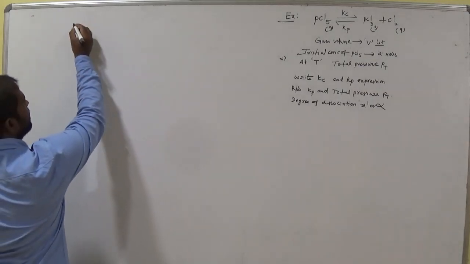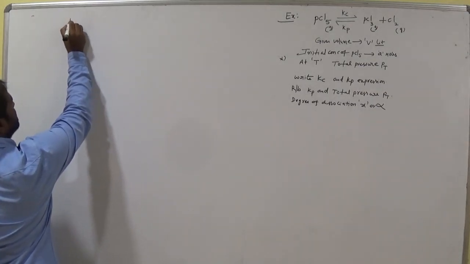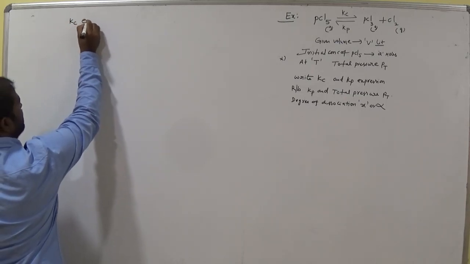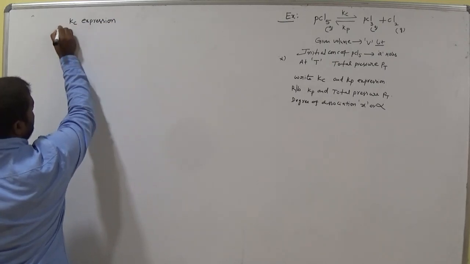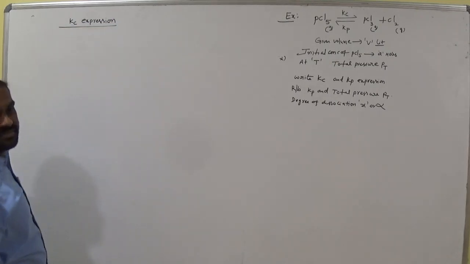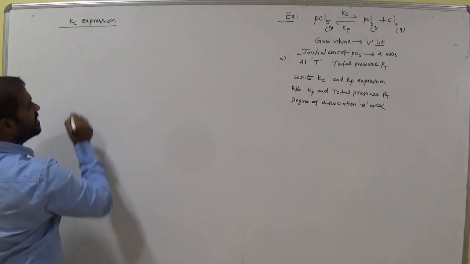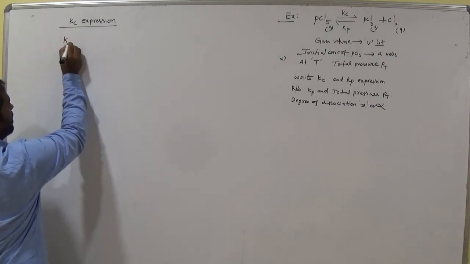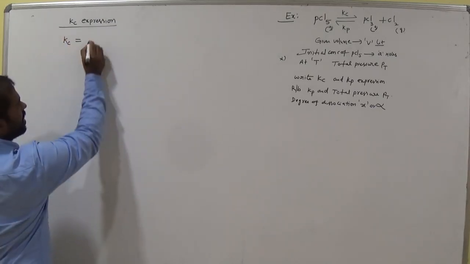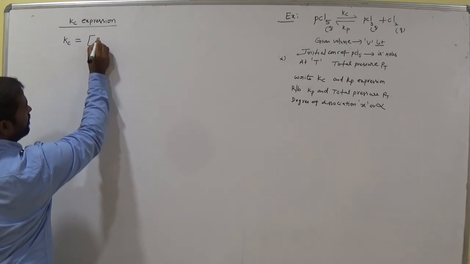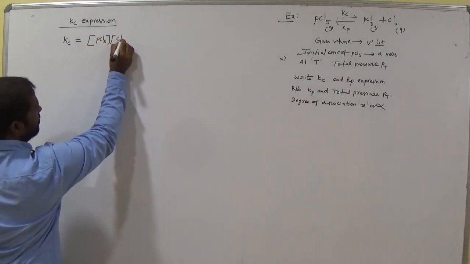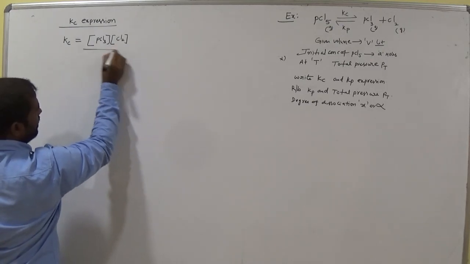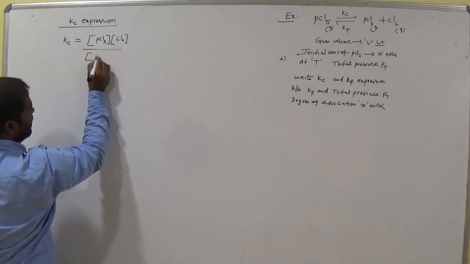So in that, the Kc expression for the given equation. What is the expression for Kc? Molar concentration of PCl3, molar concentration of Cl2, divided by molar concentration of PCl5.